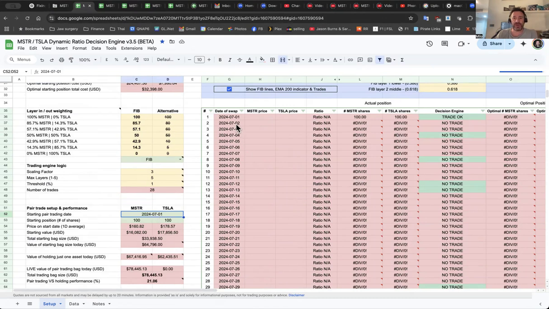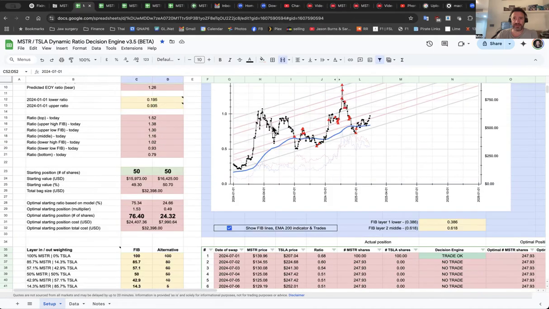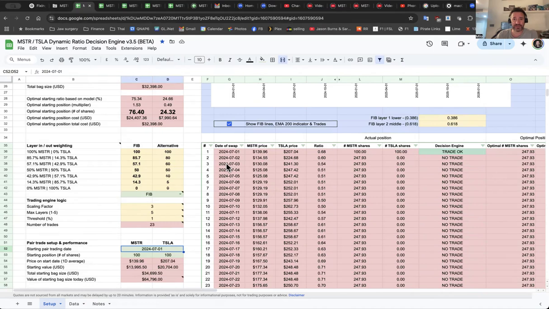It's going to take a little while to load this now because I guess it cached all the information before. So you can see it's updating now. It's got all the dates from July the 1st, and then all the prices for MicroStrategy and Tesla for these dates.